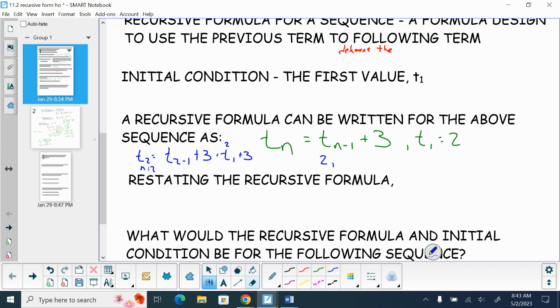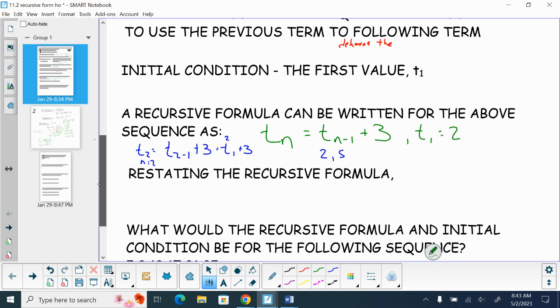To find T3, or if I put an n value of 3 in here, this would give me T3 is equal to T of 3 minus 1 plus 3, which gives me T2 plus 3.